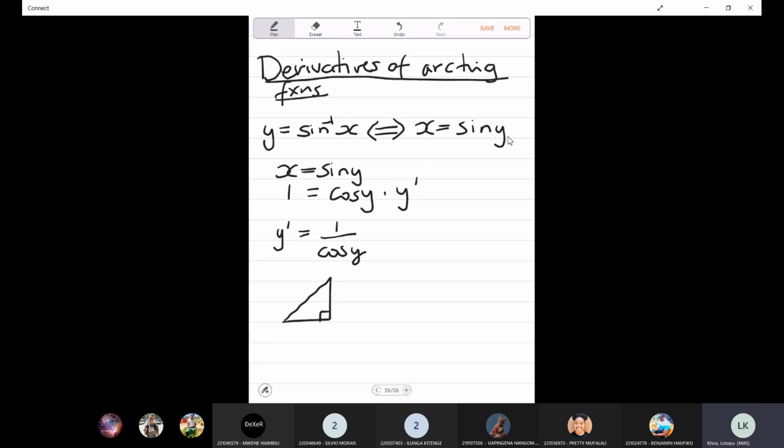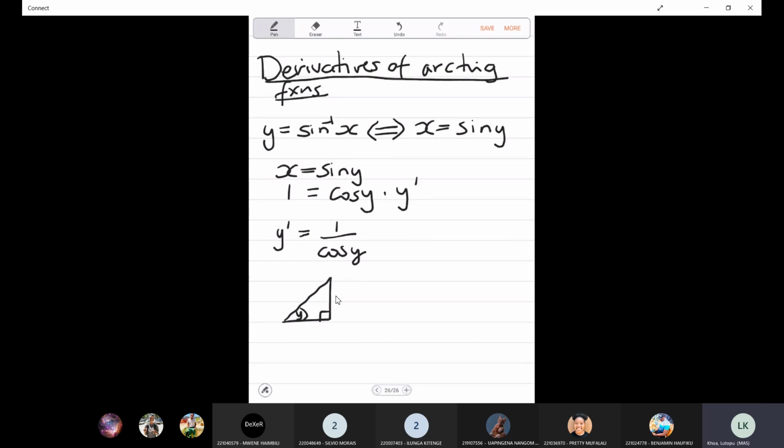Now we know that sine is opposite over hypotenuse. So I'm going to put my angle y in the triangle. And we are saying that sine of this angle is opposite over the hypotenuse. So my opposite divided by my hypotenuse should be equal to x. So I just need a fraction. I can write x as a fraction as x over 1.